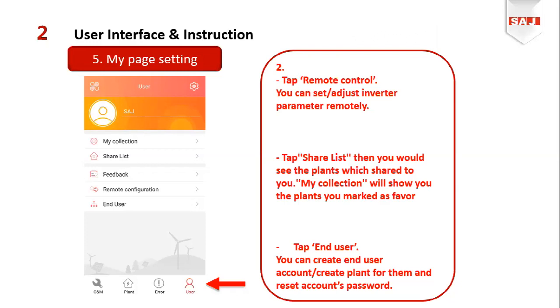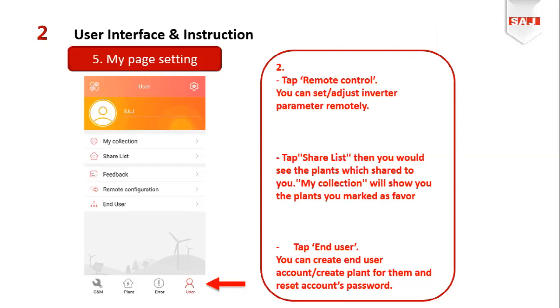Also, you can see here a list named remote configuration. This remote configuration means if the inverter is online and has the monitoring system, then you can type in the correct serial number of the inverter.